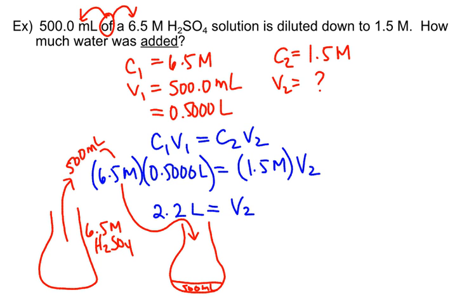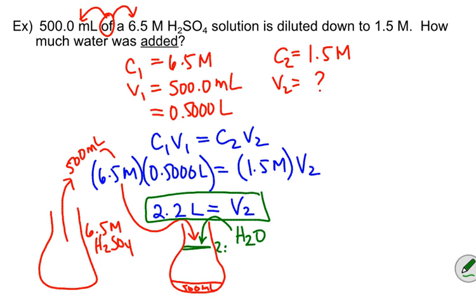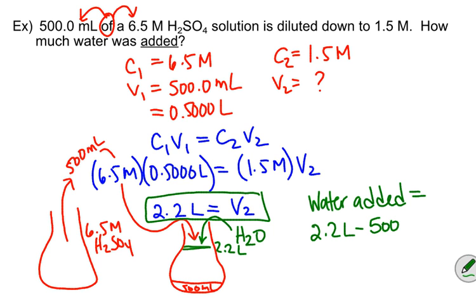Okay. And now I'm going to add in water. My final volume is 2.2 liters. So how much water did I add? So water added, in this case, is actually going to be 2.2 liters minus the 500 milliliters, or in this case, I'll just write it as 0.5 liters.